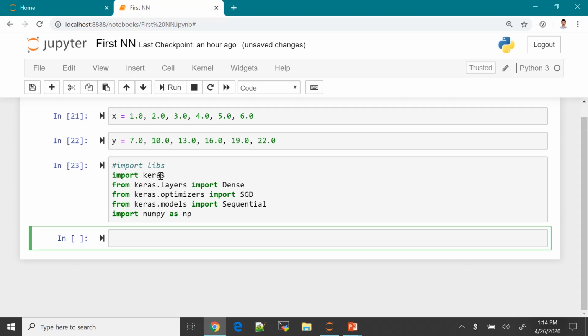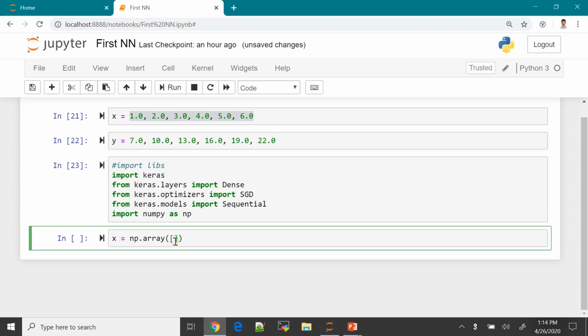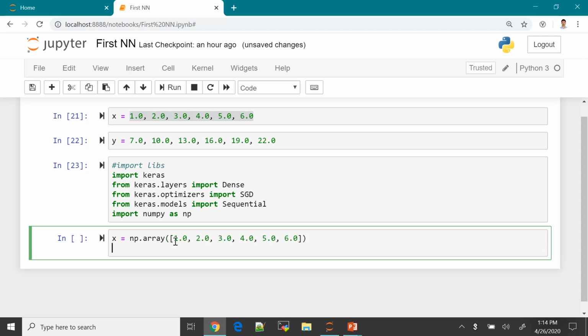So only this many libraries we need for building this small neural network. So creating our input x as a NumPy array, feed in this information, and y also in a similar way.